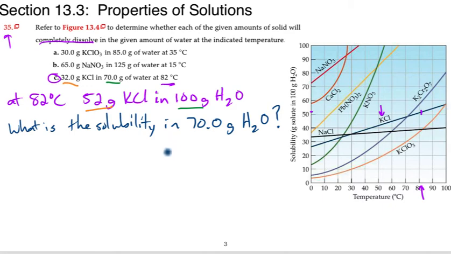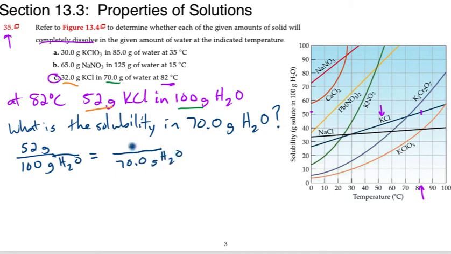So one classic way of doing this is to say, well, I know my solubility, that's just taken from the graph. Sometimes the information is presented in a table, so much easier at that point. And then I say, what is my solubility at 70 grams of water? It would look something like this in a proportion.